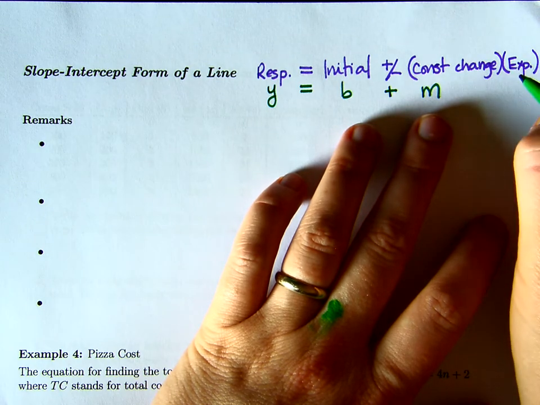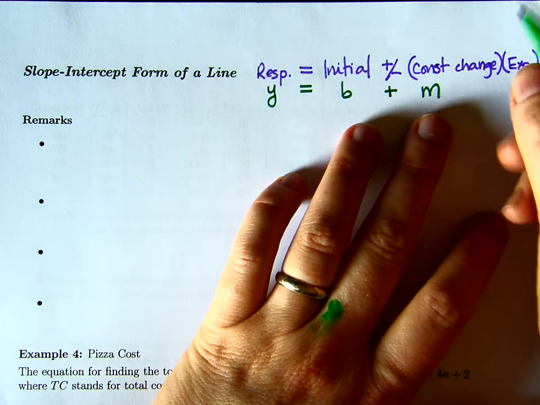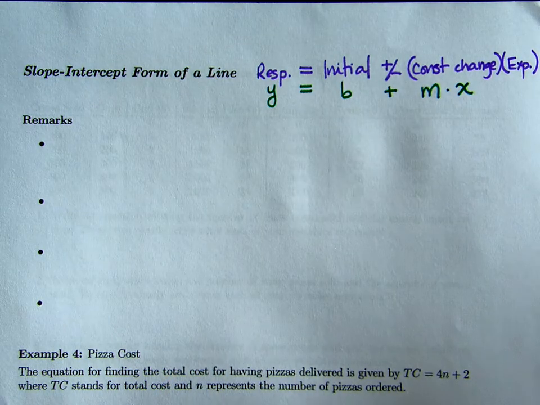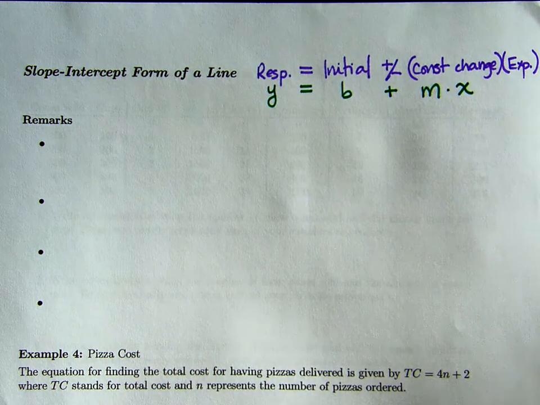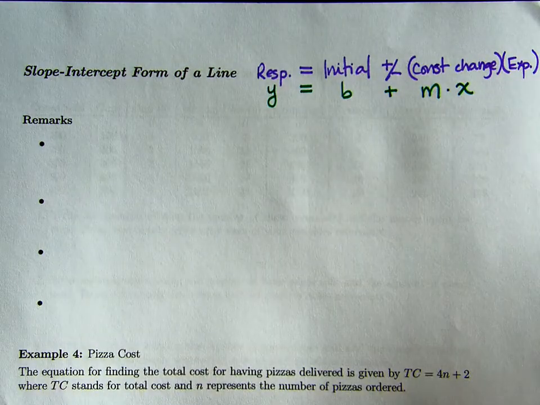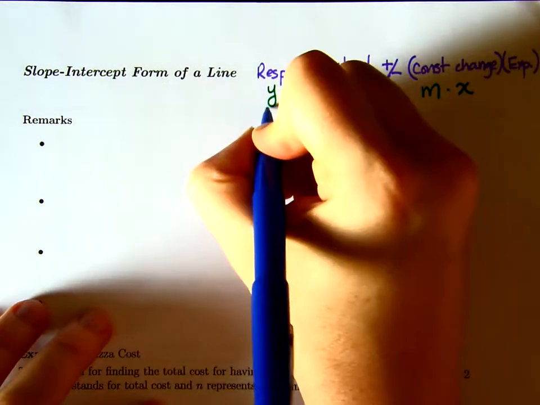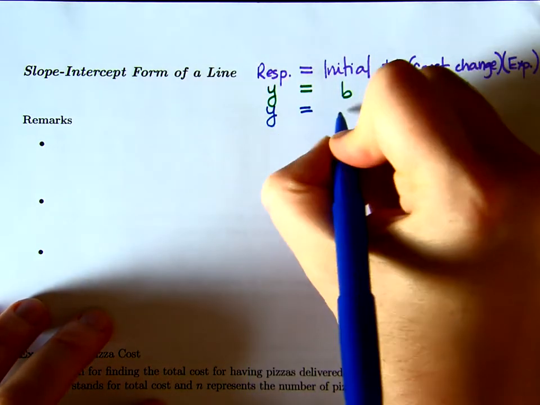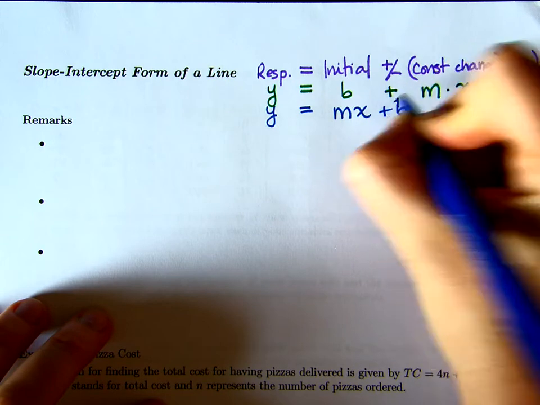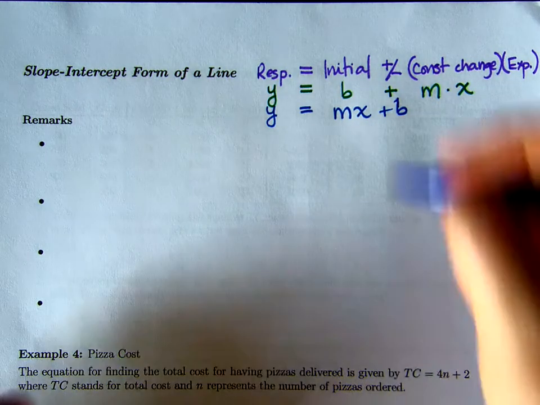And then the explanatory variable is more commonly named x. So now let me rewrite it one more time. How you're taught it in textbooks is that this is mx plus b. Okay?